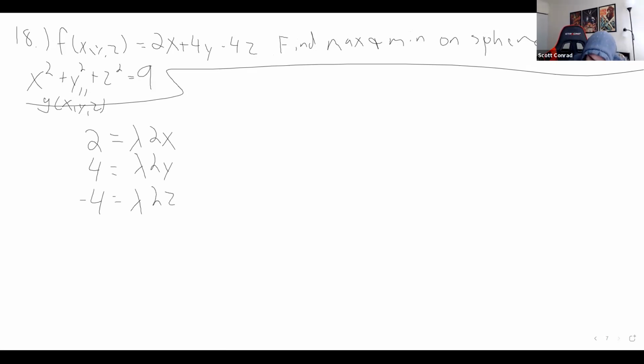And then we also have x squared plus y squared plus z squared equals 9, which is our constraint equation. So we have to find lambda, x, y, and z satisfying these equations. So clearly, lambda equals 0 is not possible. That's easy to establish right away.